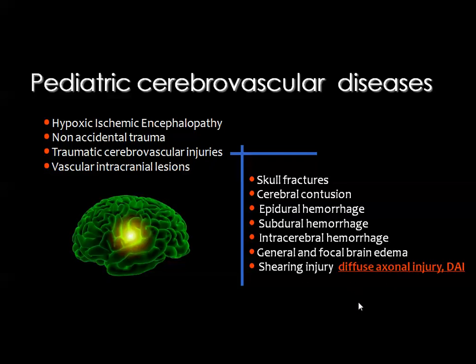And actually the vascular lesions we have discussed in the topic of intracranial vascular lesions presented in the series for adults. Then we'll give a short account about these lesions in the pediatric age group.